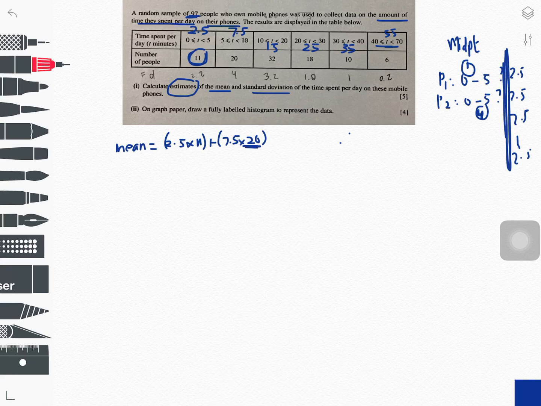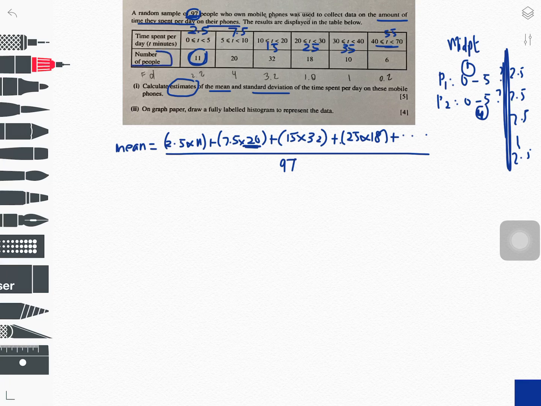Because I have 20 of the same 7.5. 15 times 32, then plus 25 times 18. You keep doing this. Divide by how many people in the group? 97. If you count the number of people here, you should get 97.